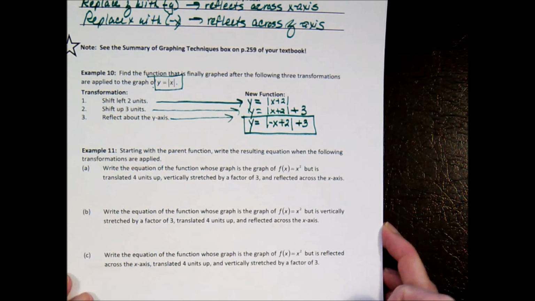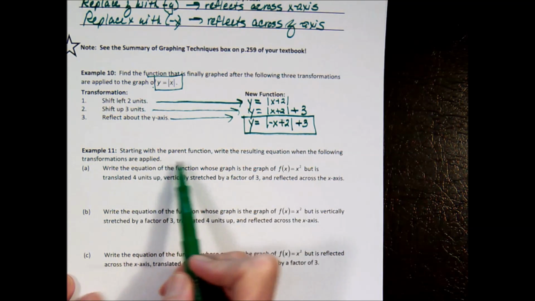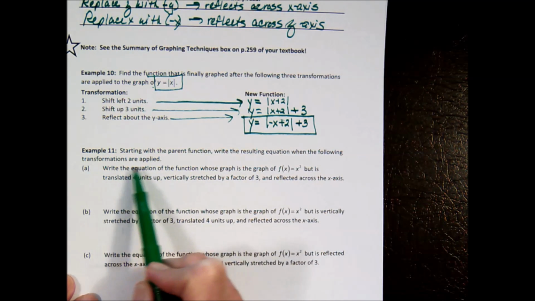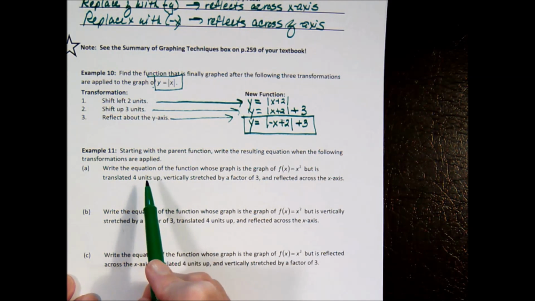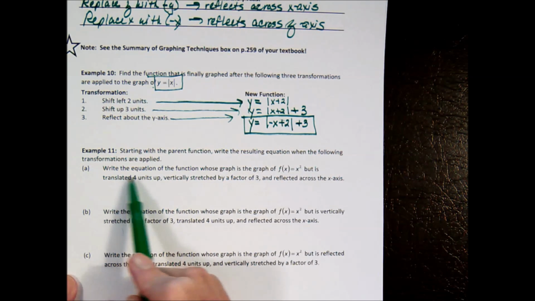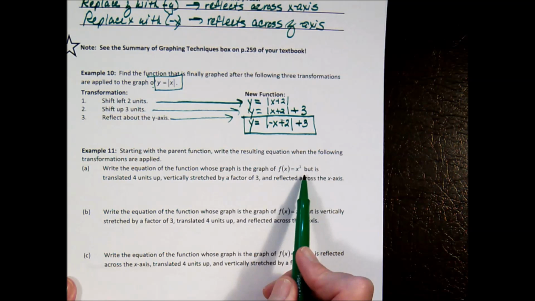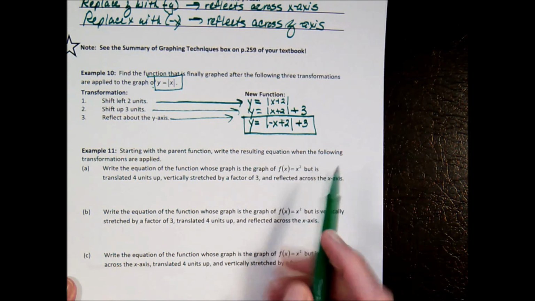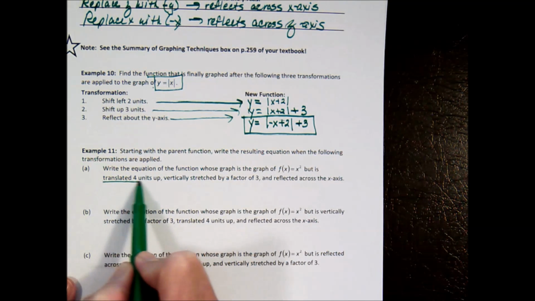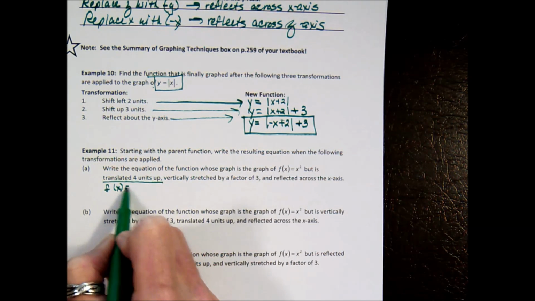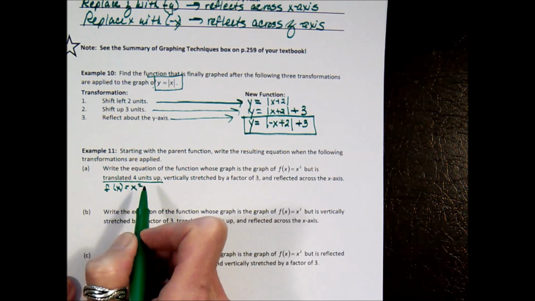It says, starting with the parent function, write the resulting equation when the following transformations are applied in the order given. So A, write the equation of the function whose graph is the graph of f of x equals x squared, but first we're going to send it 4 units up. So let's just do these in order. Here is the parent. Now I'm going to use y.